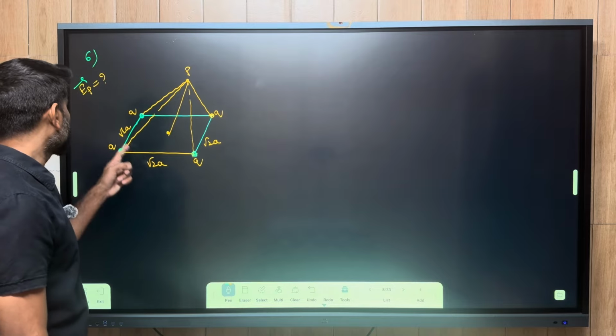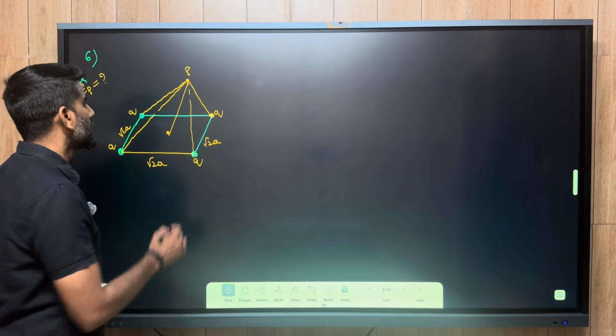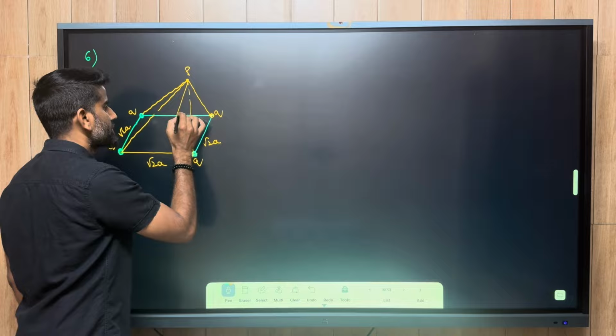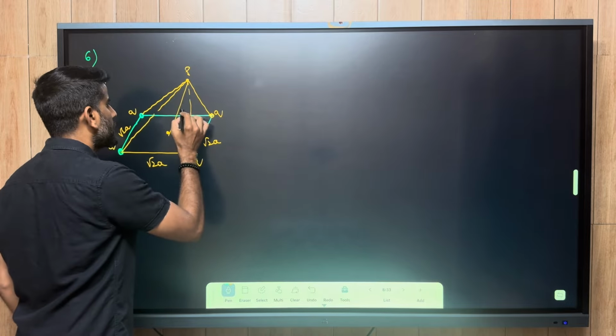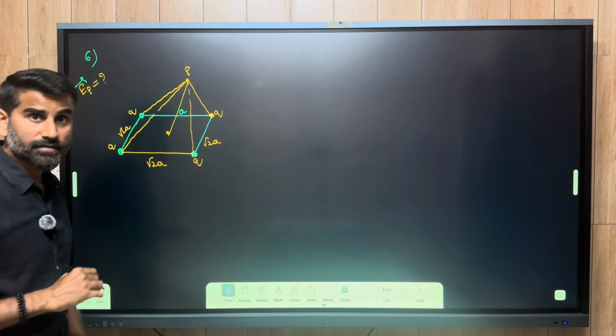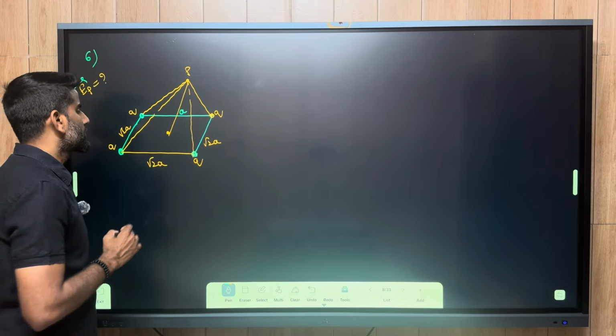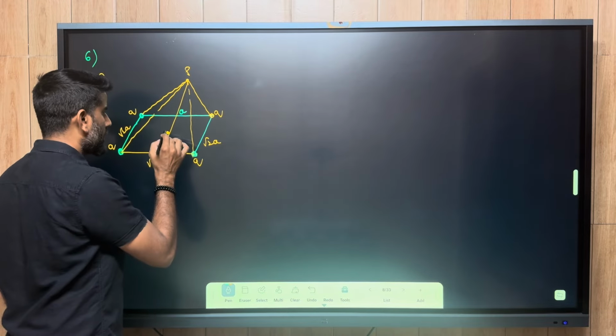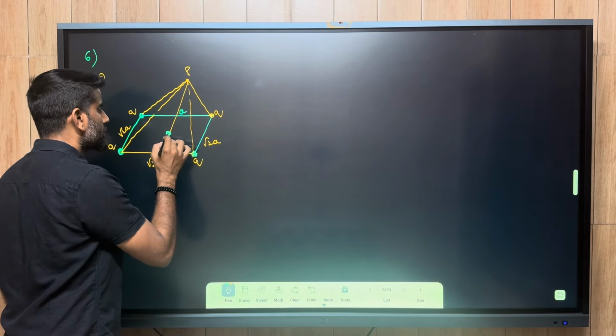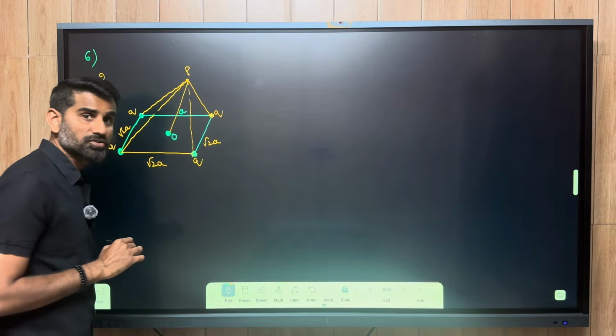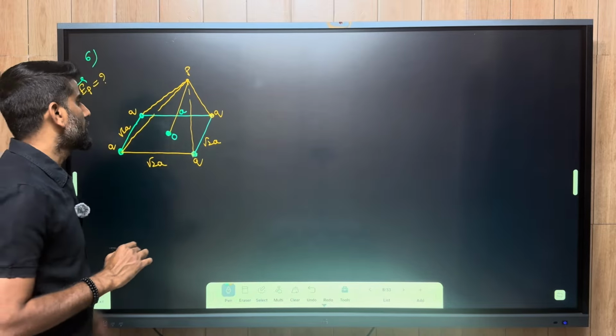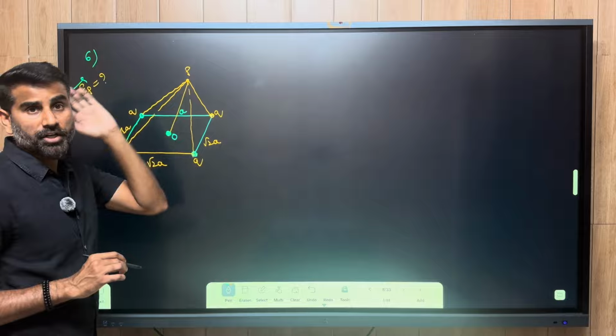Now if this is root 2 a, this is root 2 a, this is root 2 a, I am considering the height as a. In such a case, if I consider the center as the origin, then I need to find the electric field at point P.